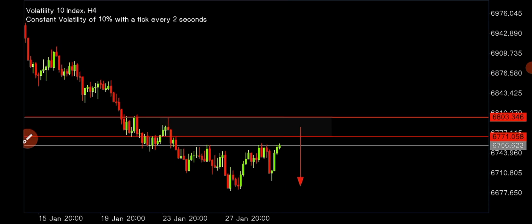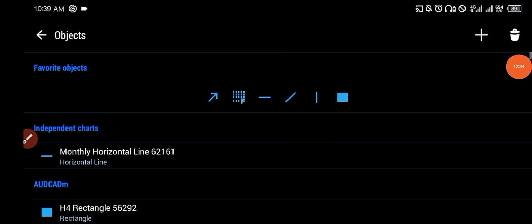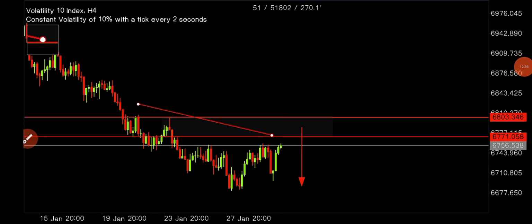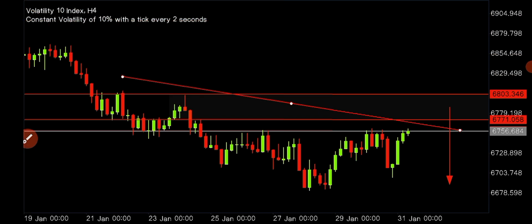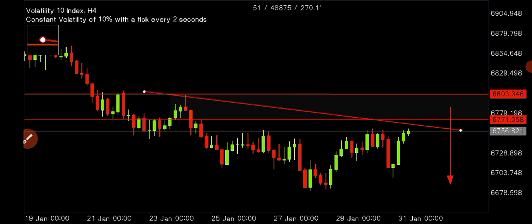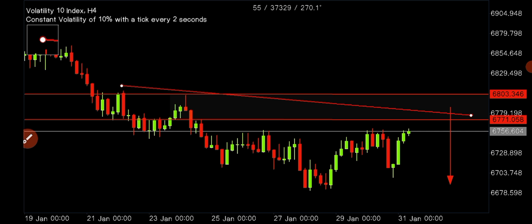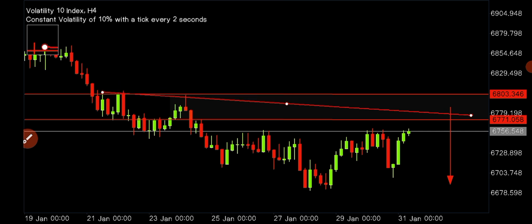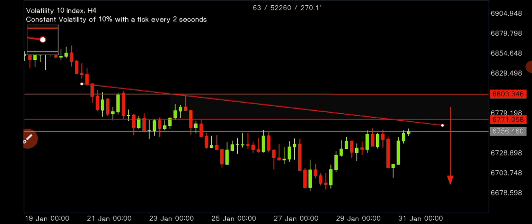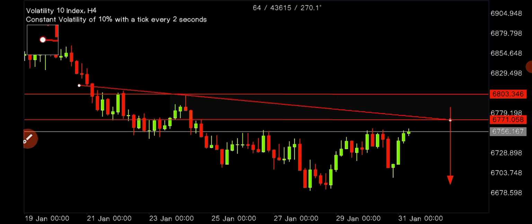Another confluence you can have is you can just decide to draw a trend line. Something like this. Just do something like this. Just draw a trend line, starting from this point.